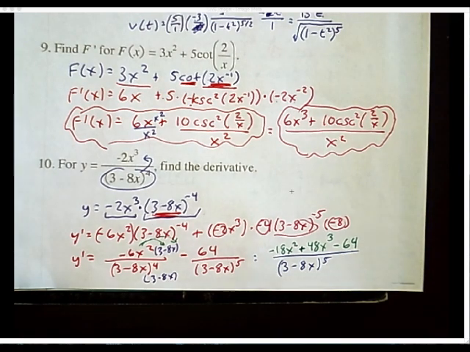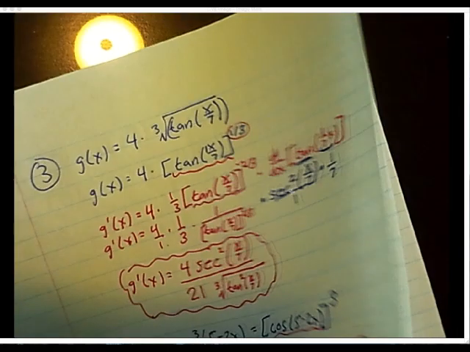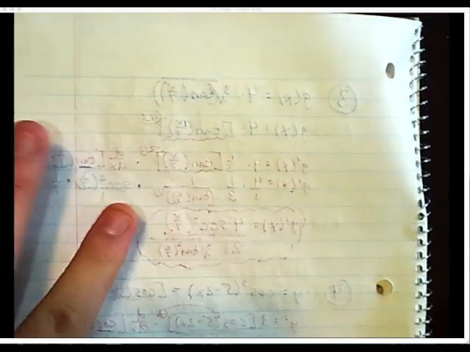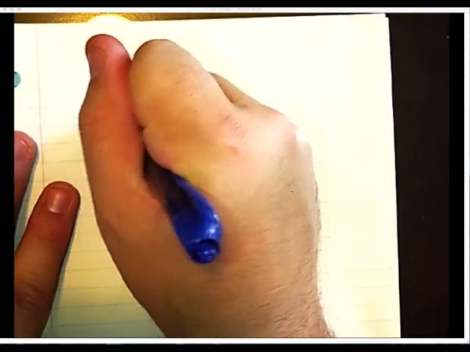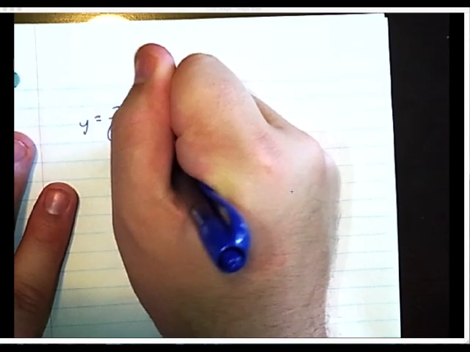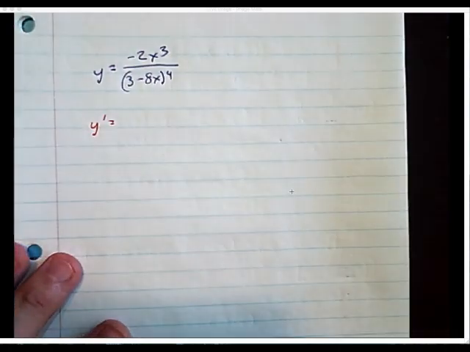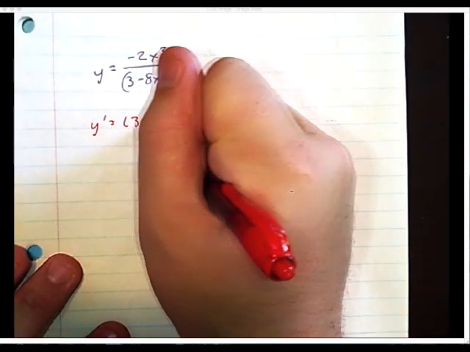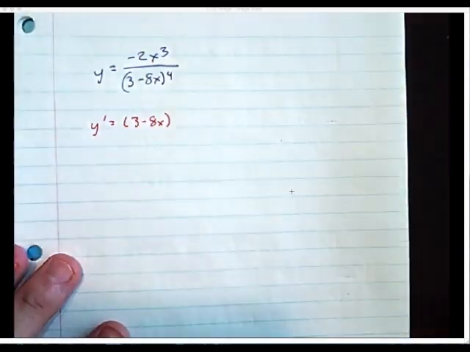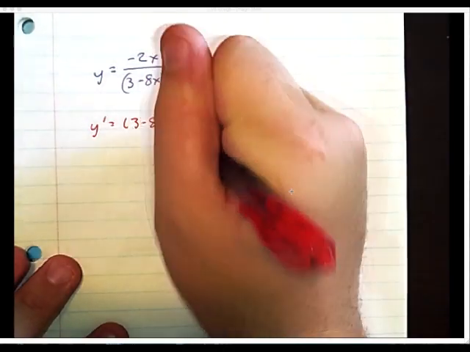I'm going to do that problem now, but I'm going to do it with the quotient rule just to show you that you should get the same answer. So same problem, but I'm going to use the quotient rule this time. If that's my original problem and you didn't want to use the product rule, you'd have to use the quotient rule. So low, (3 minus 8x to the fourth).